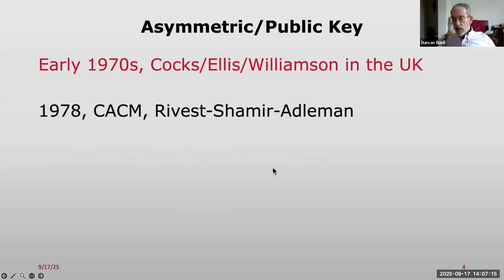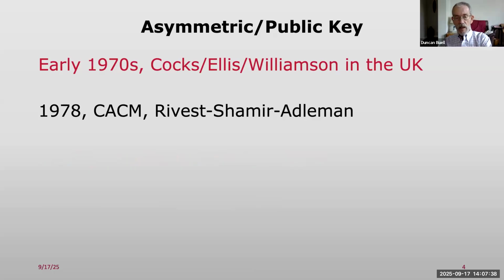Now, there is still some dispute. In the early 1970s, Cliff Cox, James Ellis, and Malcolm Williamson in the UK came up with asymmetric encryption.